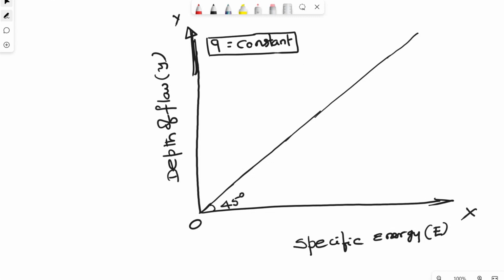How is the specific energy curve plotted? Take the specific energy on the x-axis, and the depth of flow on the y-axis. Draw a straight line at 45 degrees angle with the x-axis. Now the specific energy curve will be, see how I am drawing it.